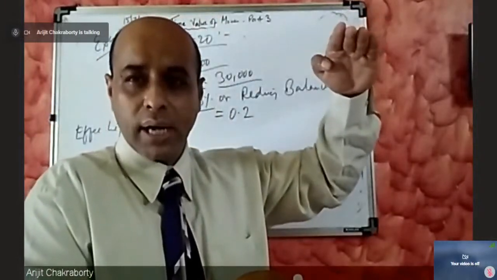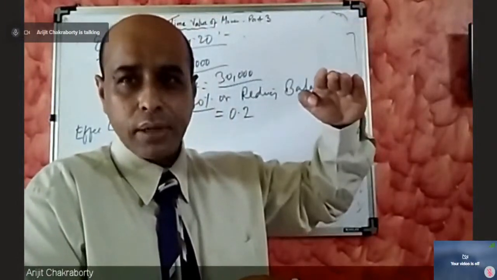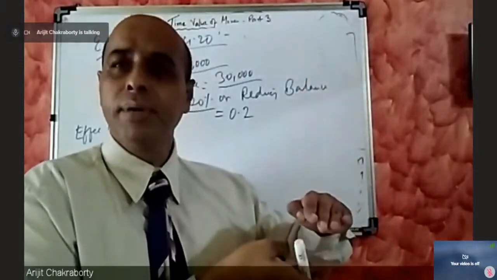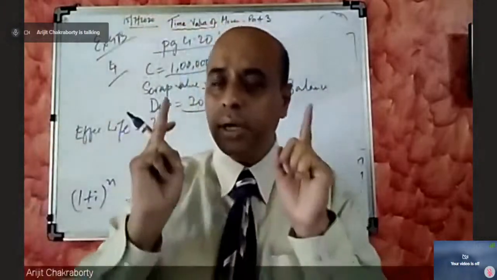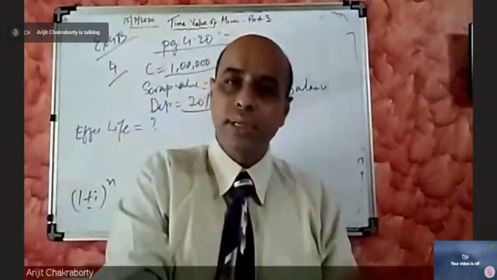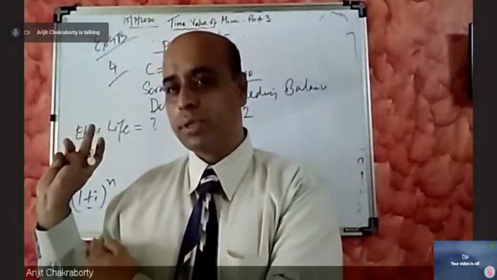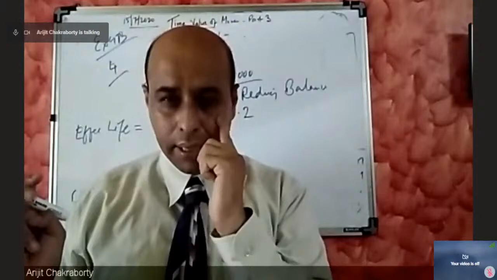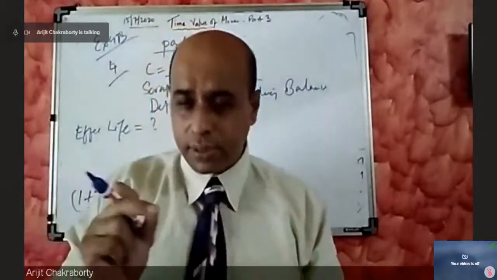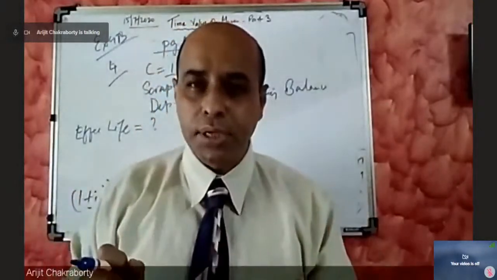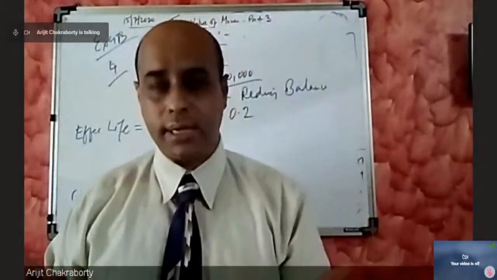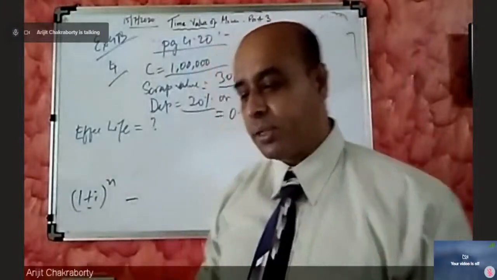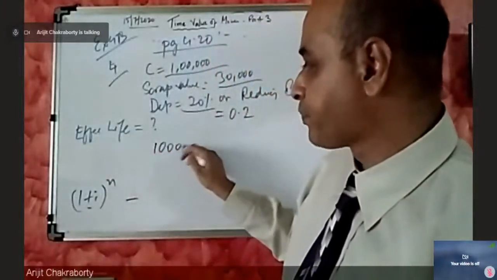In case of depreciation, you start from here. Original cost is 1 lakh. Depreciate for 1 year, some value goes out. Depreciate for second year, third year, fourth year, it reduces. Ultimately it becomes scrap. I hope you are able to see the connection between annuity and this formula which we are going to use. The concept is same. In case of annuity, you add because the interest is added, but in case of depreciation, you subtract. So, if you put the equation, we started with 1 lakh.